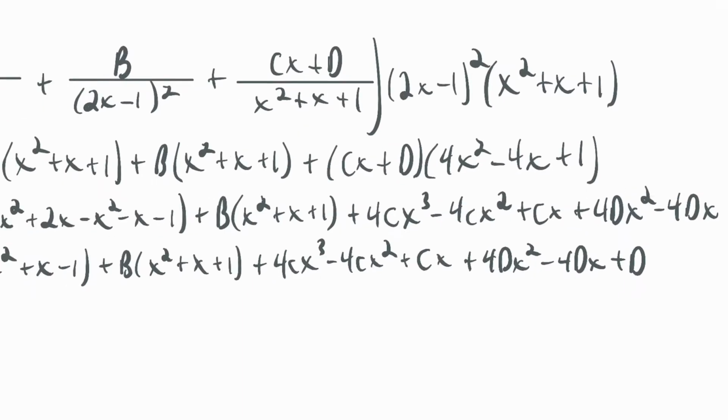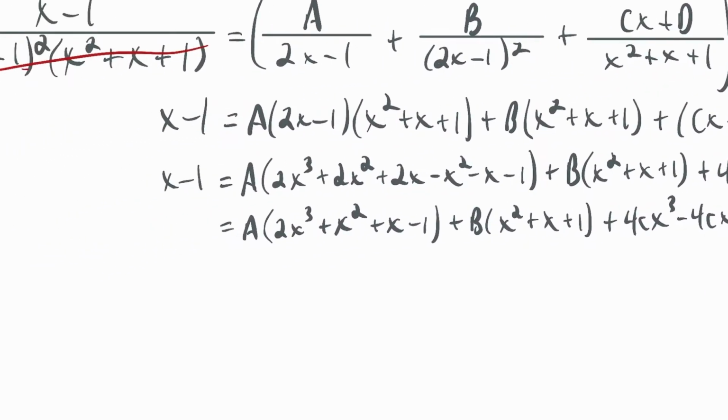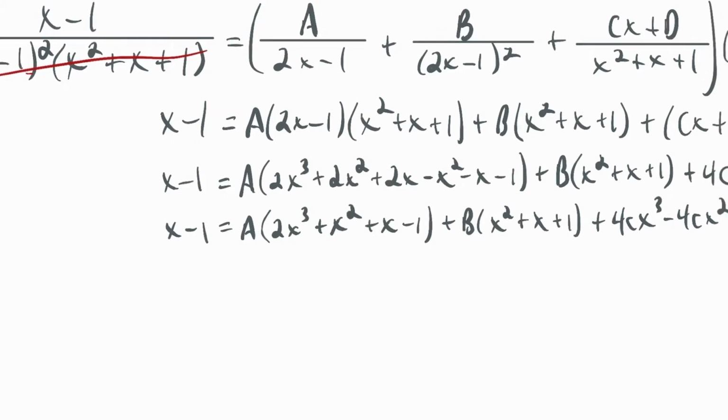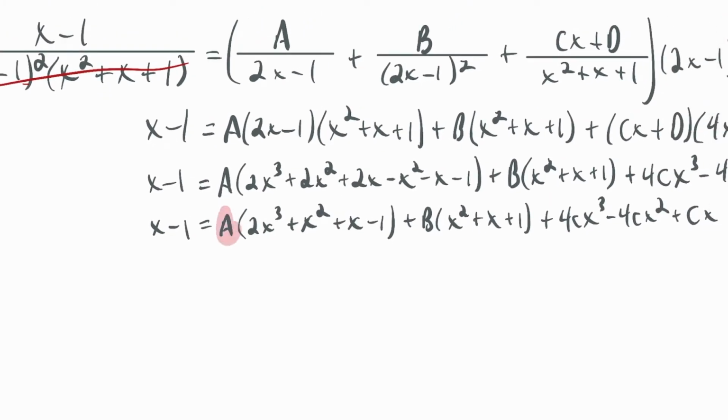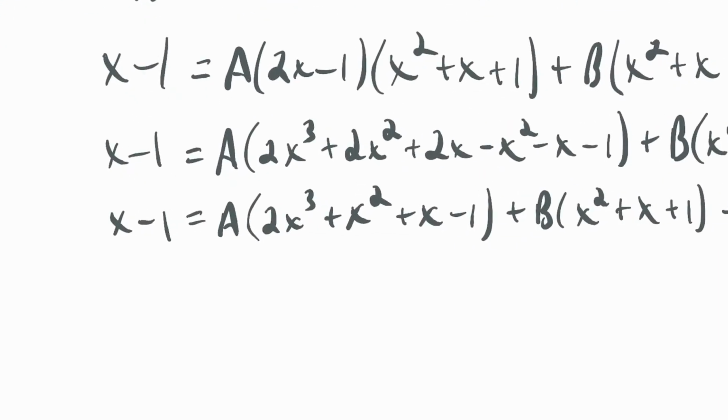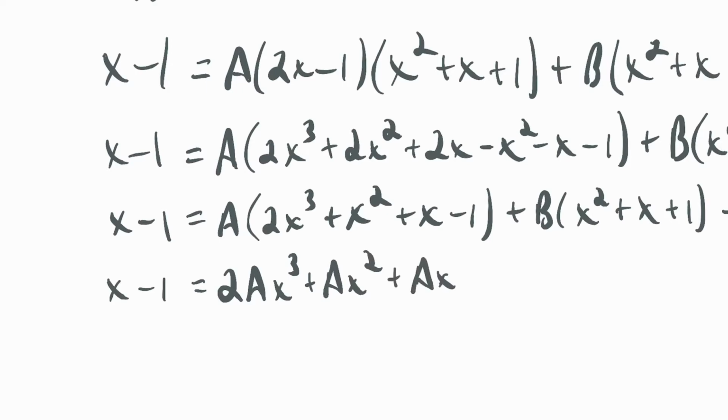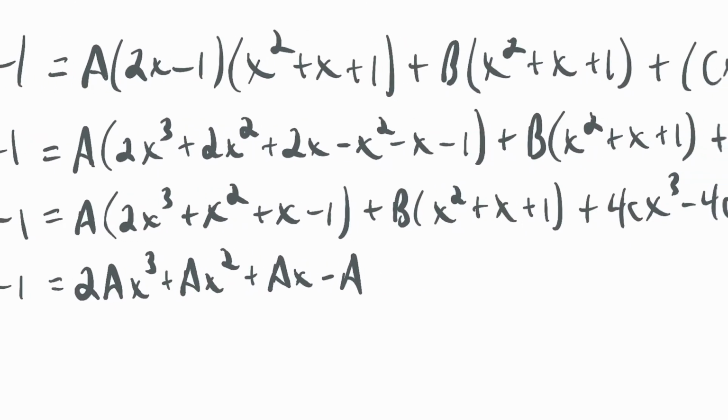Okay. So now, on the left, of course, I still have x minus 1. So now, I'll distribute out a and b to the respective terms. So x minus 1 equals a, so 2a x cubed plus ax squared plus ax minus a. Okay.